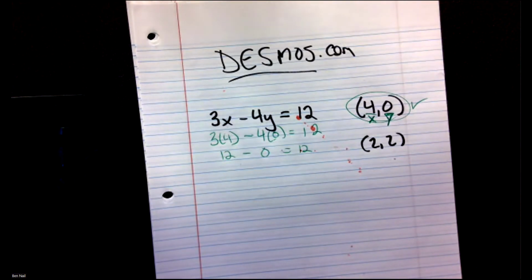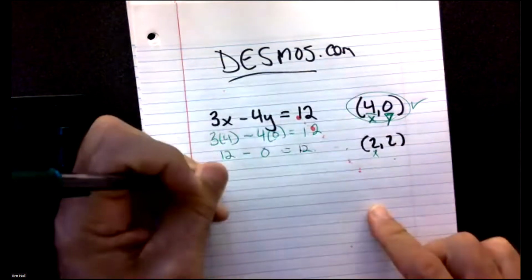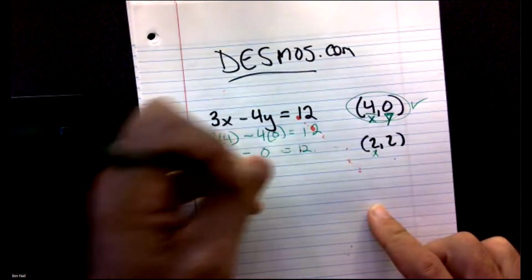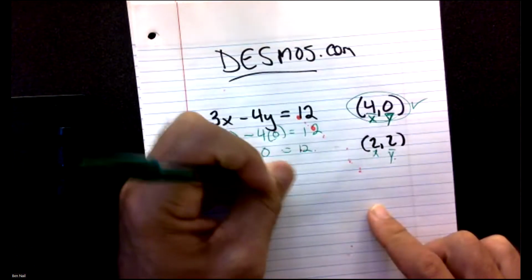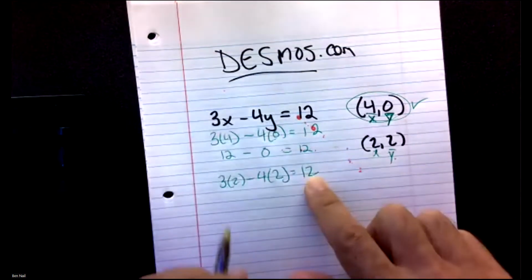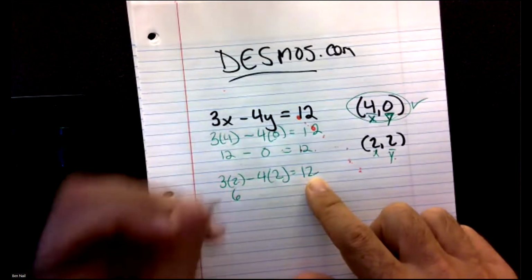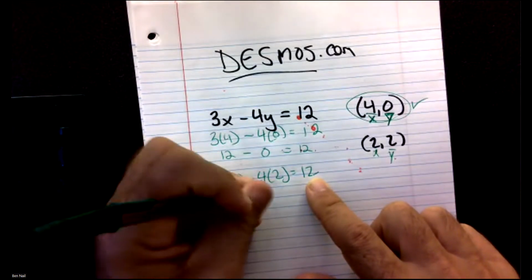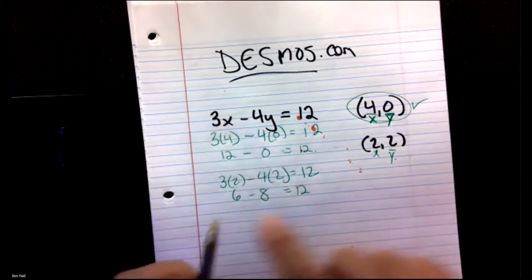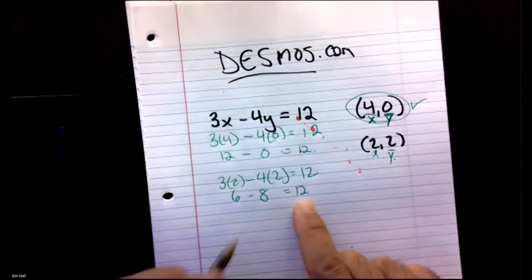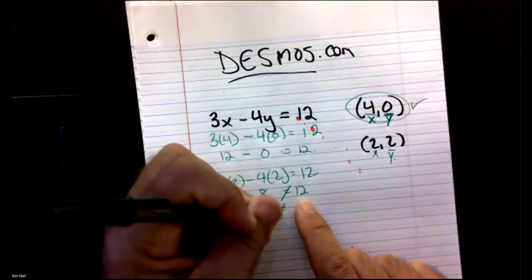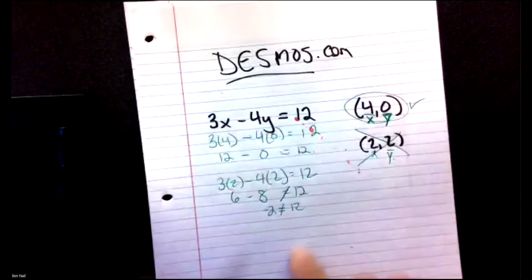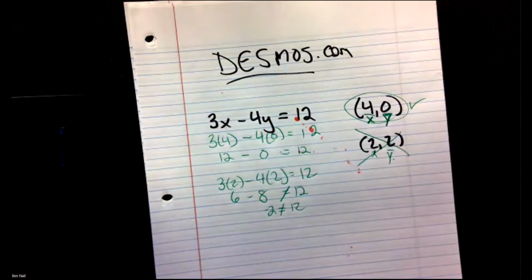Same game. Plug your X in for X. Plug your Y in for Y. And again, see if that works. 3 times 2 is 6. 4 times 2 is 8. Is 6 minus 8 12? No, not. 6 minus 8 is -2, which does not equal 12. This is a bad solution. This would not be on the graph.